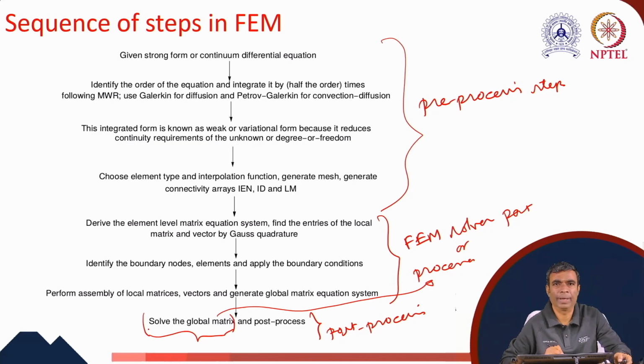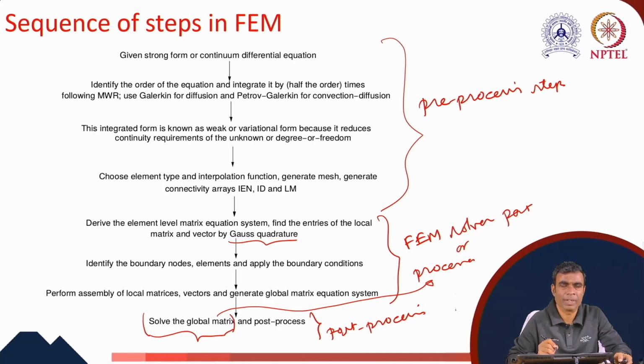And once we get, for example, the temperature, calculation of heat flux from the temperature, or for a fluid flow problem, calculation of stream function, calculation of vorticity, calculation of stresses from the velocity and pressure field comes under the post-processing step.